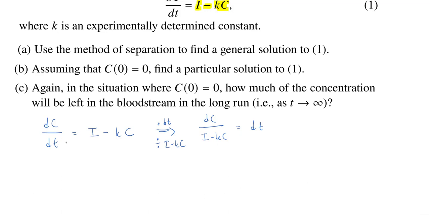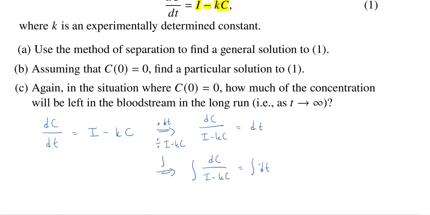I'm really just doing a little square dance step here, just swapping the places of dt and I minus kC. Next step, we've now separated, so we're going to integrate. I'm going to apply an antiderivative to both sides. And I have to be very careful, because our definition of this symbol is that we're taking an antiderivative, but we know that antiderivatives are all the same up to a constant.